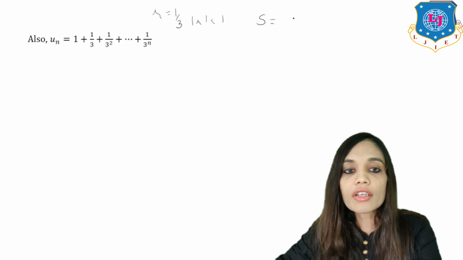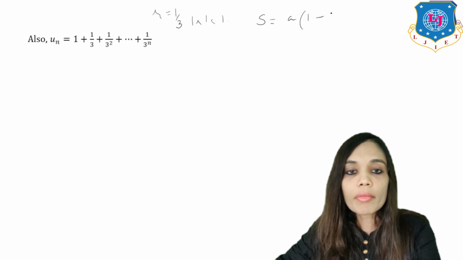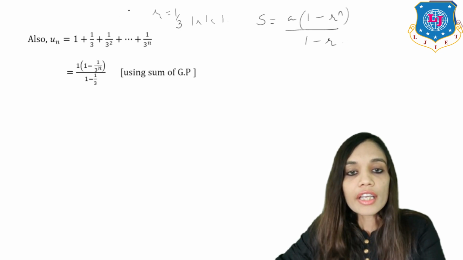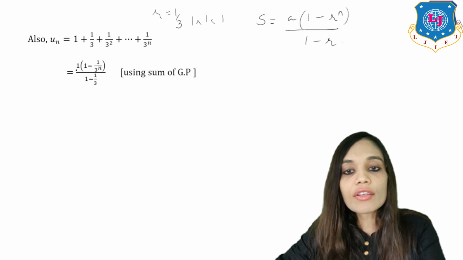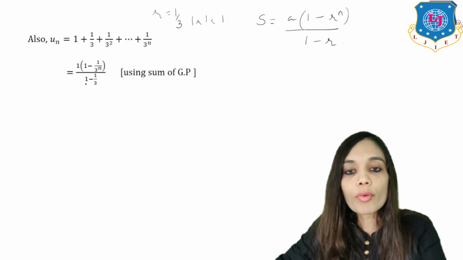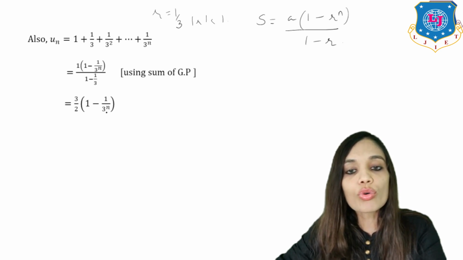So the sum will be equal to a into 1 minus r raised to n upon 1 minus r. Now put the value of r, and a is 1. So you will get 1 into 1 minus 1 upon 3 raised to n upon 1 minus 1 upon 3. Now simplify this. So what you will get? 3 by 2 times 1 minus 1 upon 3 raised to n.